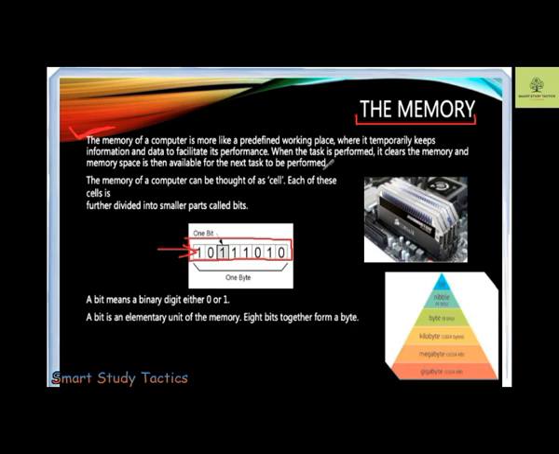Generally, the computer has two types of memory. One is short term, another is long term. I think you are familiar with short term and long term, because I know we have discussed these things. So let's continue with the topic. We will have this chapter in the next session.